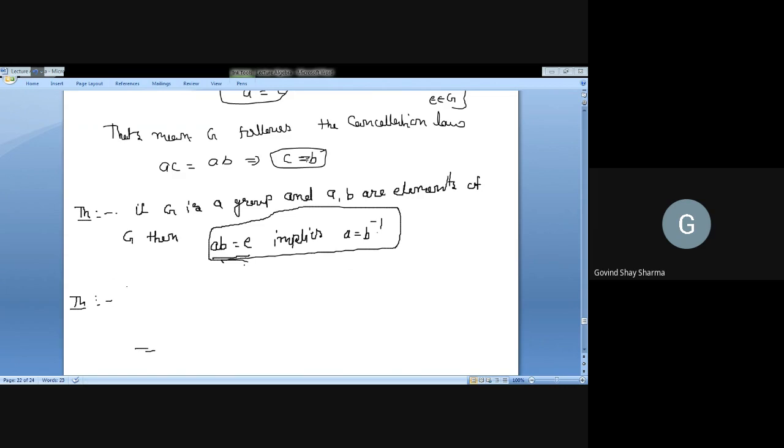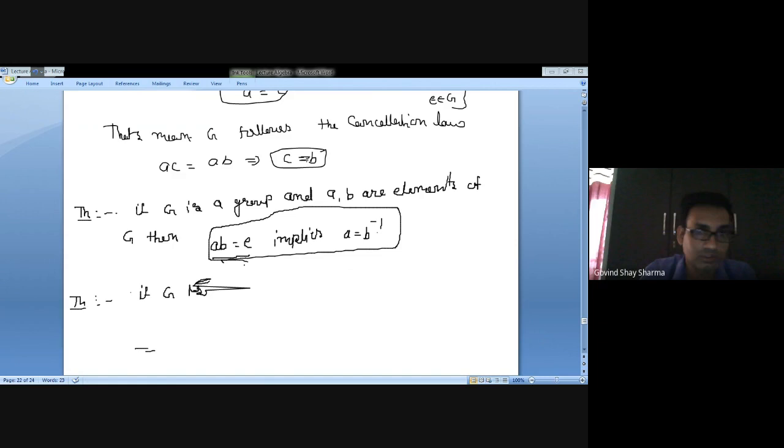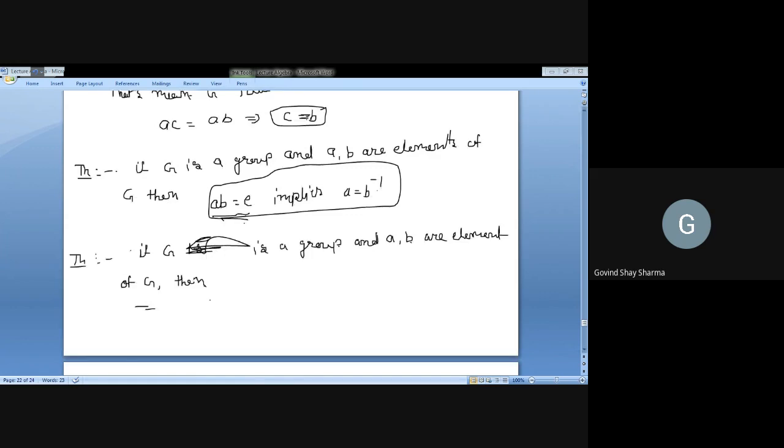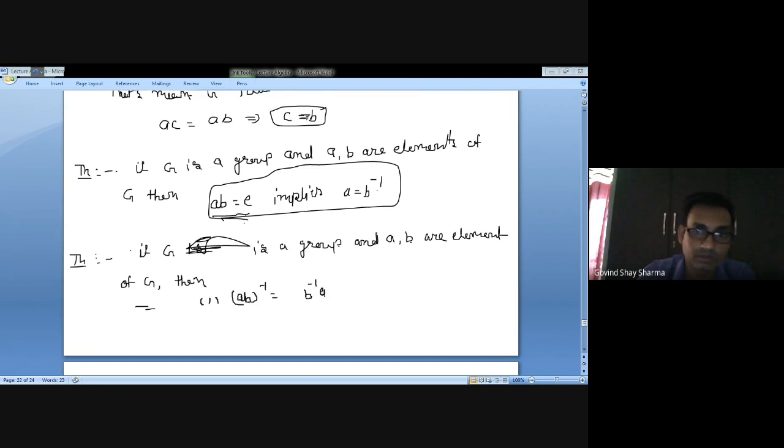Now important: if G is a group and A, B are elements of G, then AB inverse is equal to B inverse A inverse.